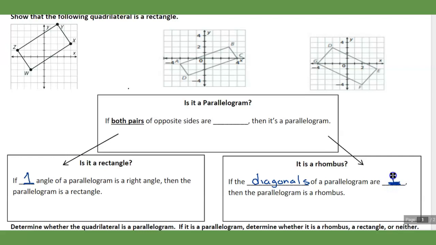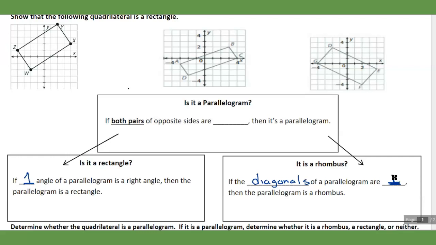So if we're using the diagonals instead of 4 congruent sides, you only have 2 sides to work with, and then you only have to deal with the slope, and you don't have to touch the distance formula at all. So in general, between slope and distance formula, you kind of want to go with slope. It's just easier to count the squares than it is to do the whole formula.